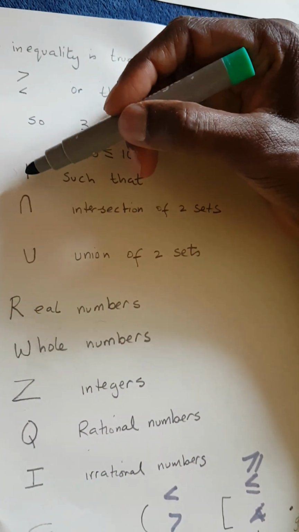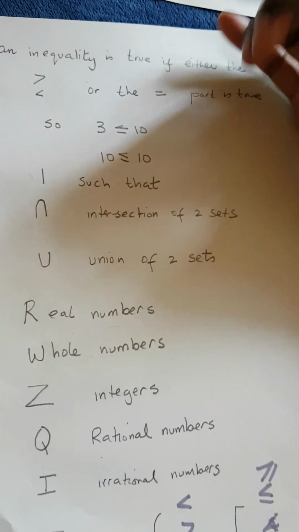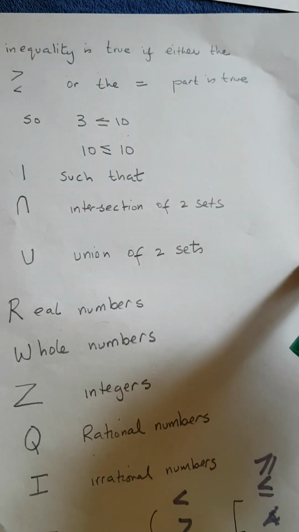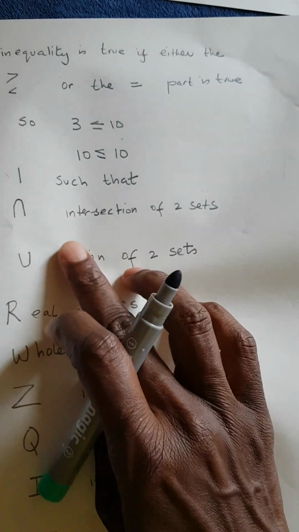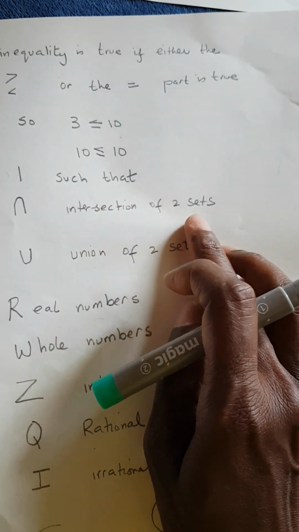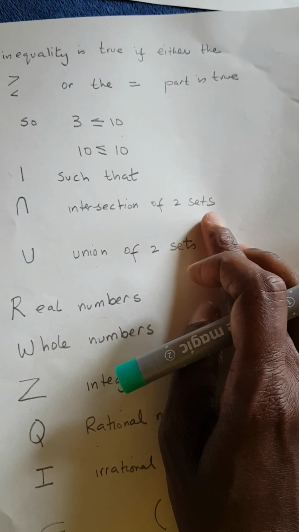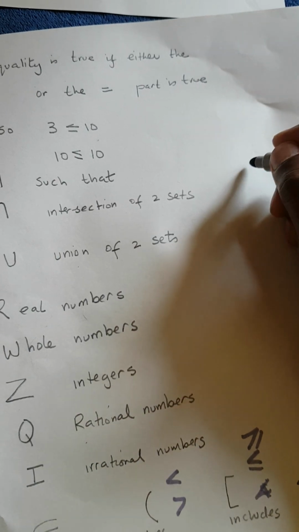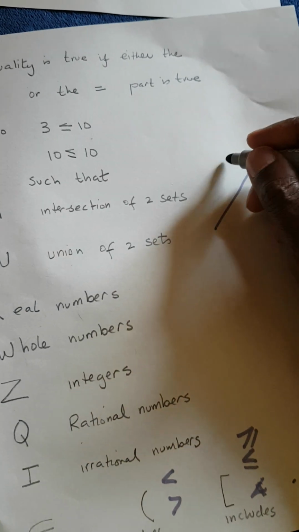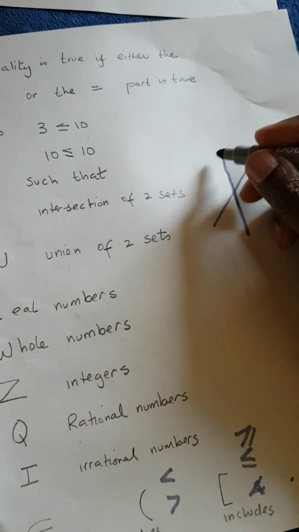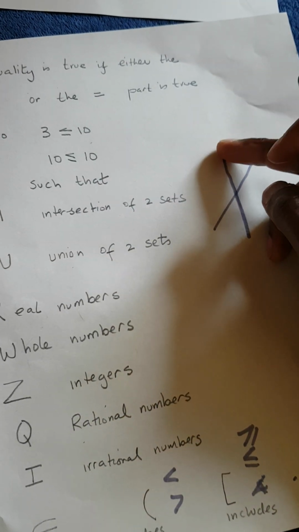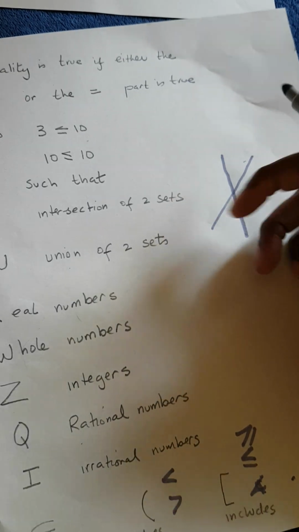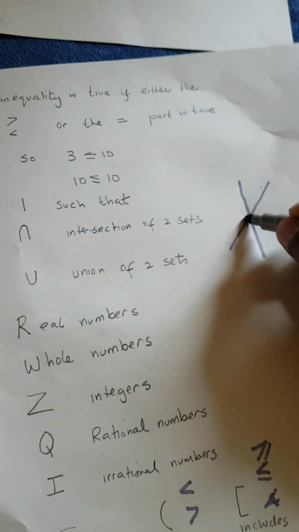Just to recap, this straight line is shorthand for such that. When you have a little bridge, like an upside down cup, that says the intersection of two sets. So you would use this, for example, if you had two lines, y is equal to x plus something, and then another, minus x plus something, and they wanted the intersection of the two sets.